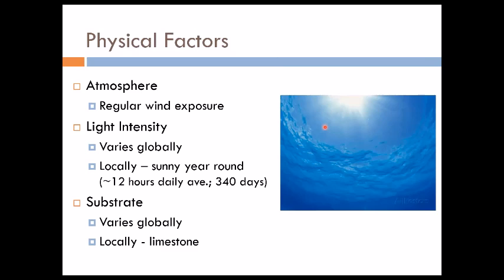For example, I would have mentioned wind before, because you find rocky shores on the windward part of an island. This is the part of the island that's going to be exposed to the majority of the wind. Then you also have light intensity, because obviously you have the sun, and that also plays a role in affecting temperature.